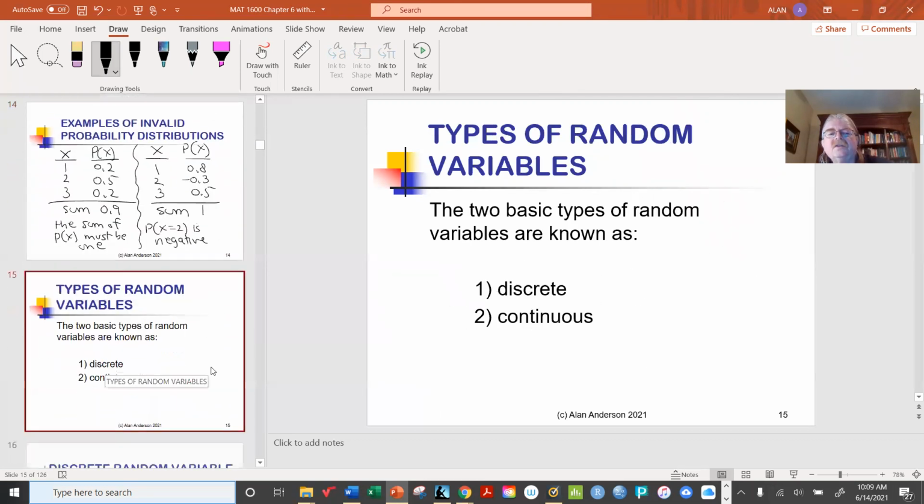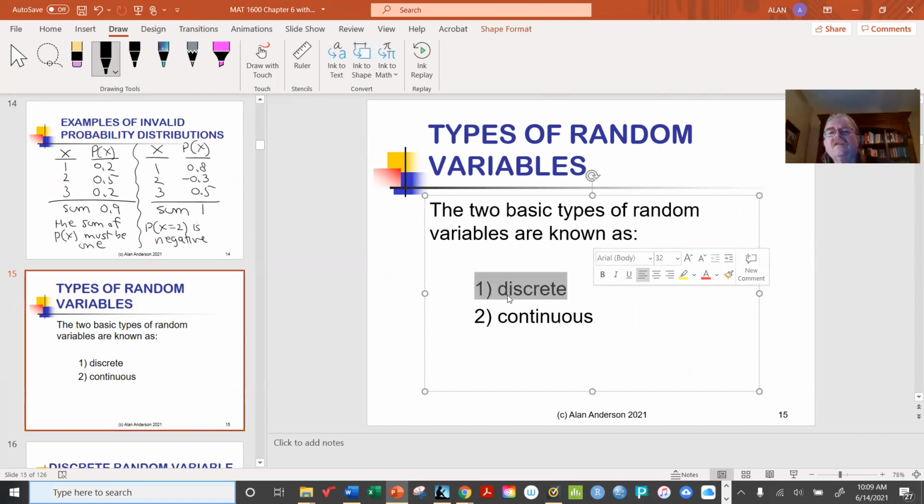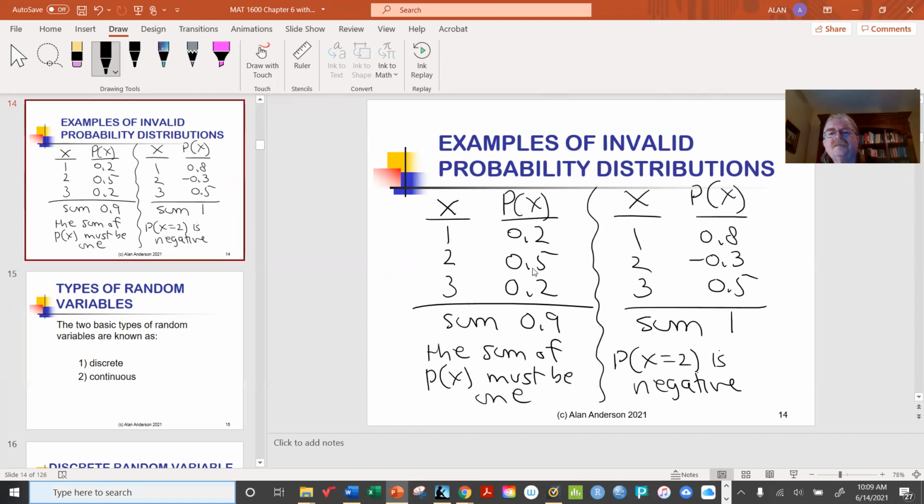Now, we also define two different types of random variables. They can either be, well, for the most part, they can either be discrete or continuous. It's theoretically possible to have other types, but these are by far the majority of the random variables that you're likely to encounter. Discrete simply means there's only a finite number of possibilities. Like here, X only has 3 possibilities, 1, 2, and 3.